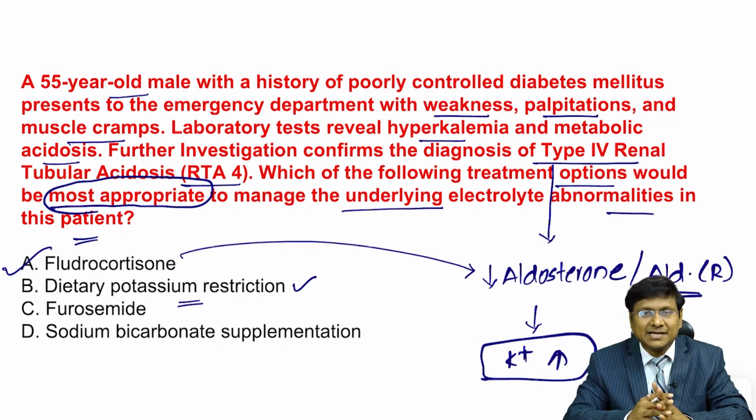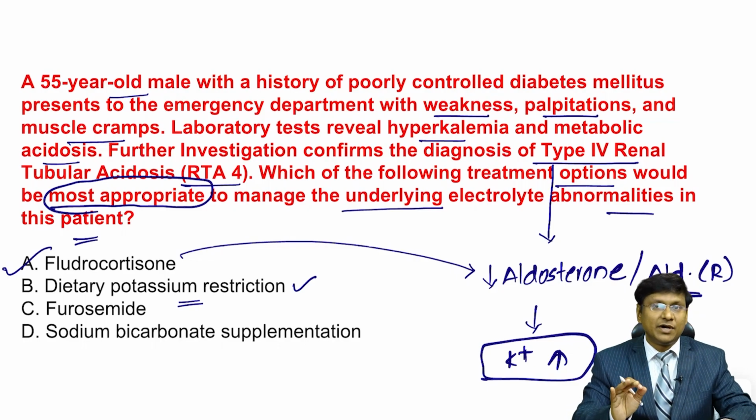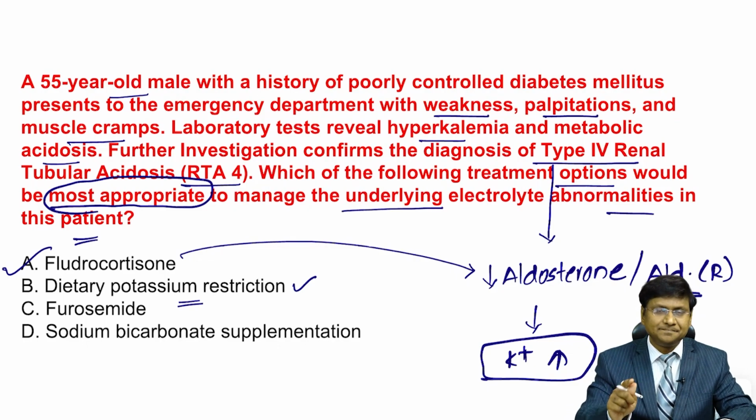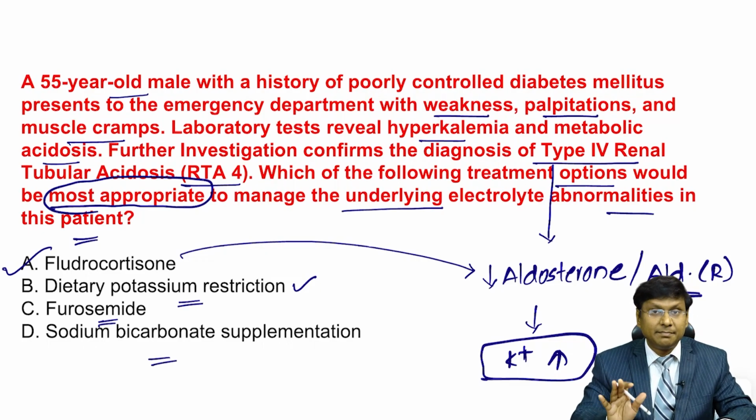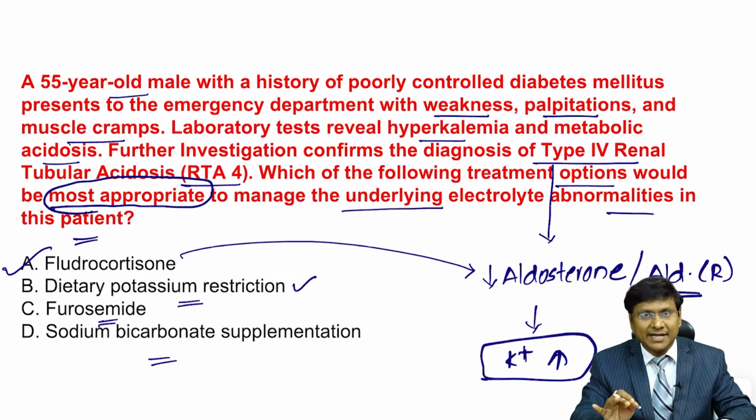Fludrocortisone will act as an aldosterone analog, and that is the one which will be responsible for potassium excretion where the patient is having hyperkalemia. And furosemide, yes, even that will also cause kaliuria. And sodium bicarbonate supplementation is also required, but the question asked is most appropriate. So the answer here is the aldosterone analog, and that particular aldosterone analog is fludrocortisone.